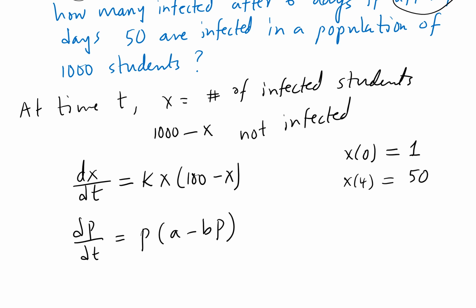See, it seems now if I compare them or try to match them, here the x matches with the p. So if I have a k there and I multiply it inside, that gives me 1,000 k minus kx.